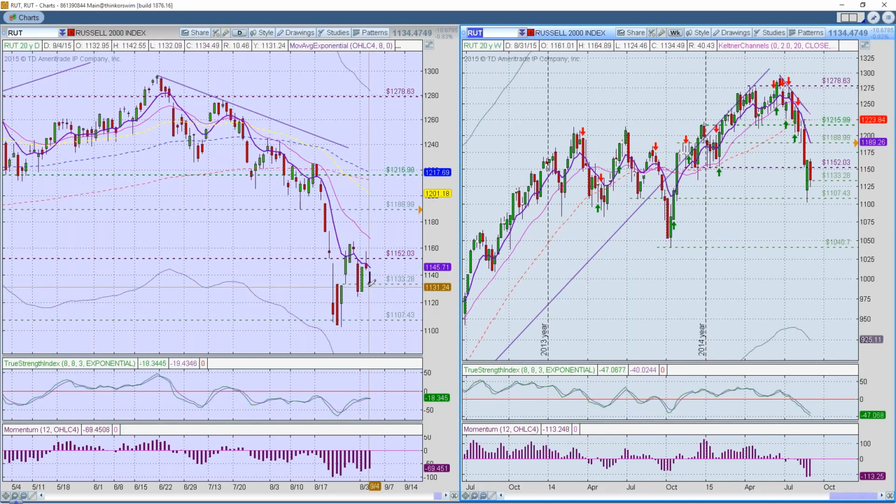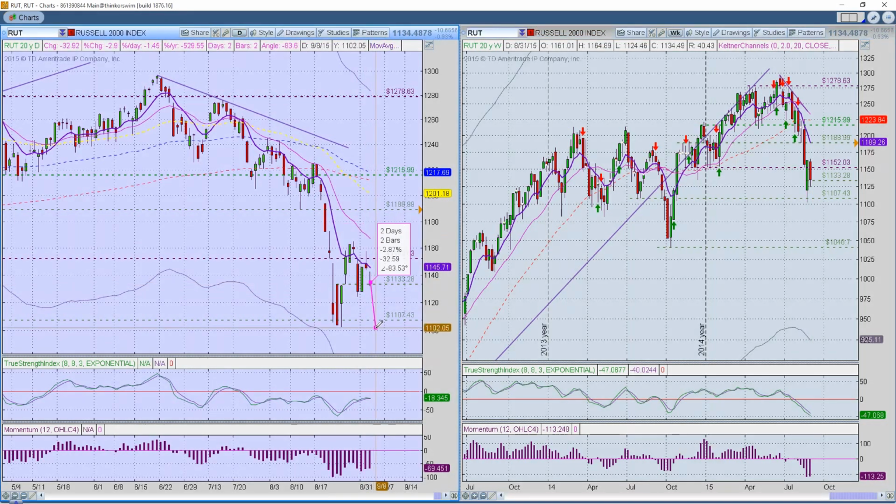From current positions down to this level of the low is only about 2.8%, while on the NASDAQ and the S&P, you're looking at a 3 to 4 to 5% drop, and so that's why I'm favoring things like the QQQs or the SPY to trade to the downside. So that's what we've got going on with the markets right now.